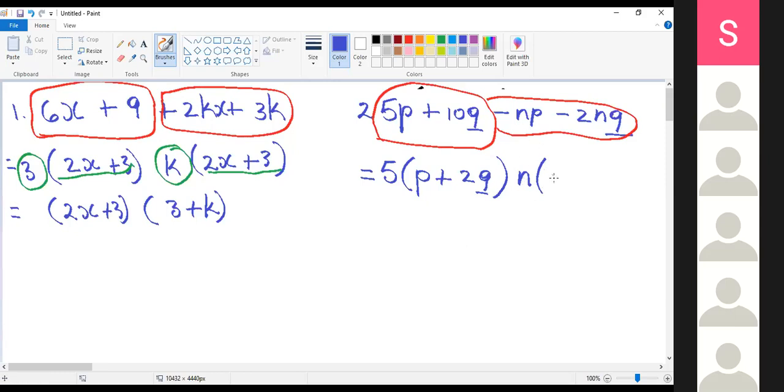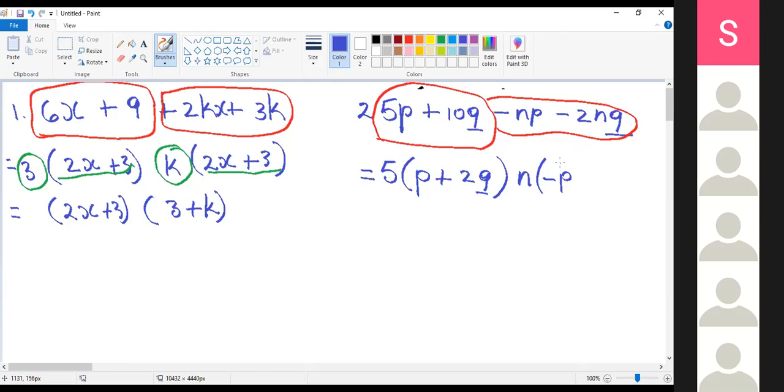N into negative NP is negative P. And N into negative 2NQ is negative 2Q.